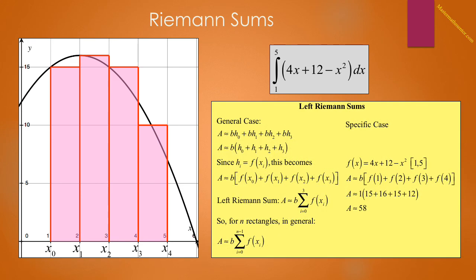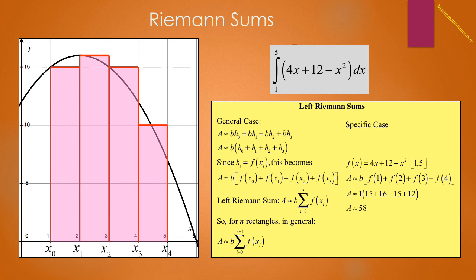We will start with left Riemann sums. A left Riemann sum uses rectangles whose top left vertices are on the curve. Our area, in this case, will be b h0 plus b h1 plus b h2 plus b h3, where the h's are the heights of the rectangle and b is the base.